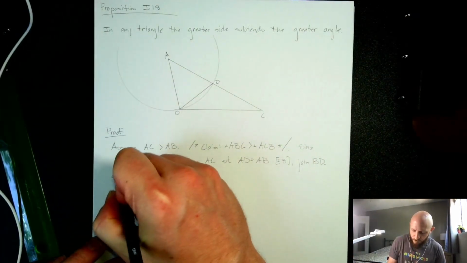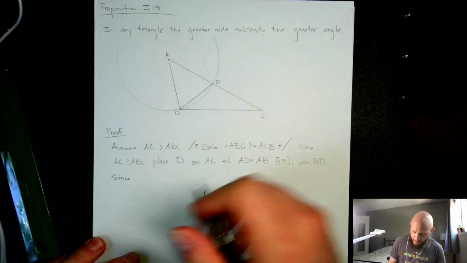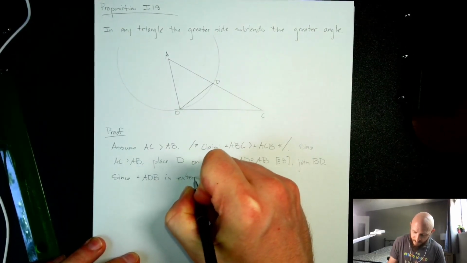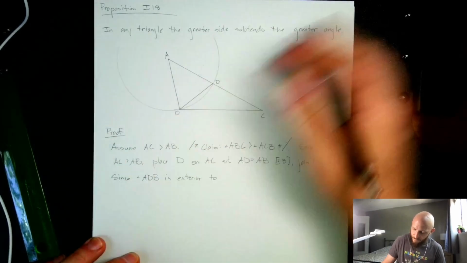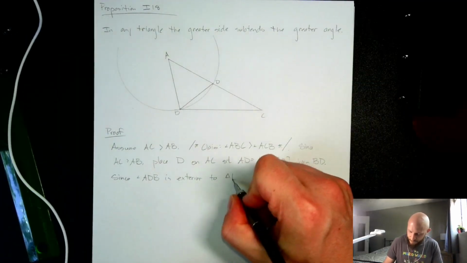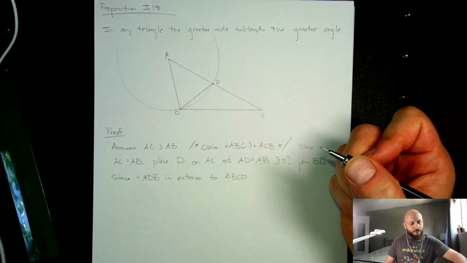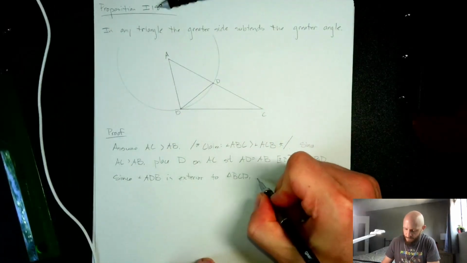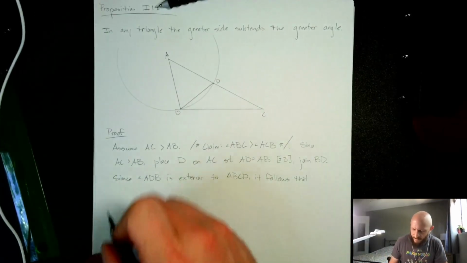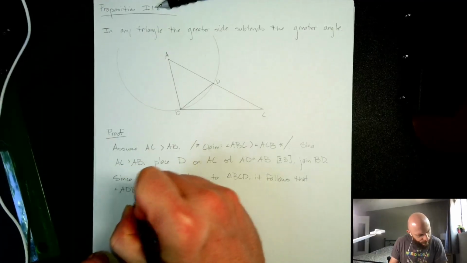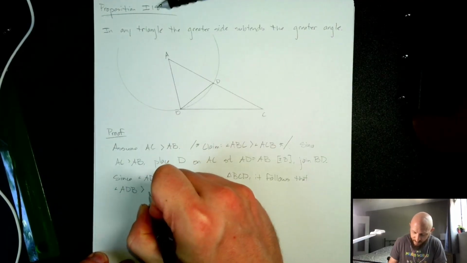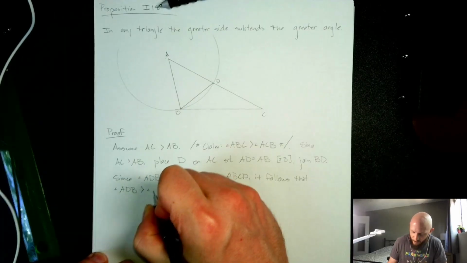So, since angle ADB is an exterior angle to triangle BCD, it follows that angle ADB is greater than both of those interior and opposite angles, but in particular it's greater than the angle DCB.